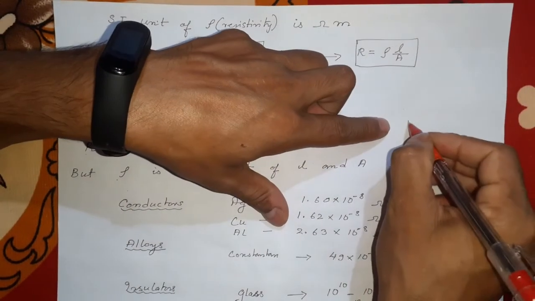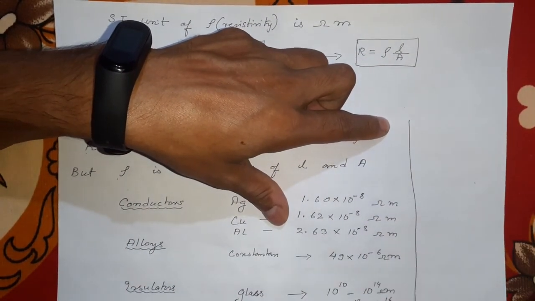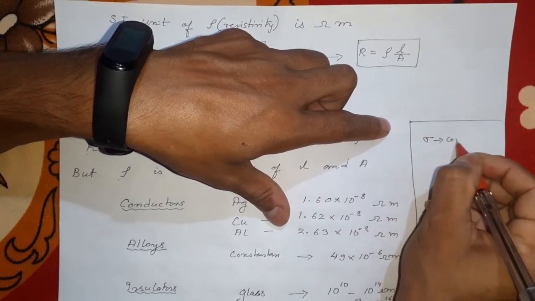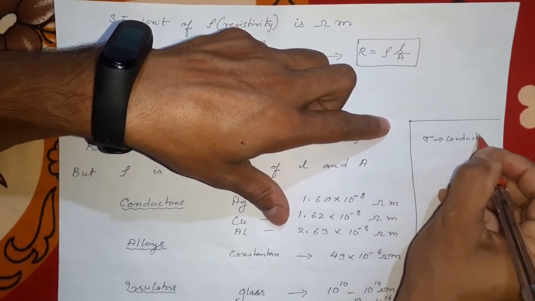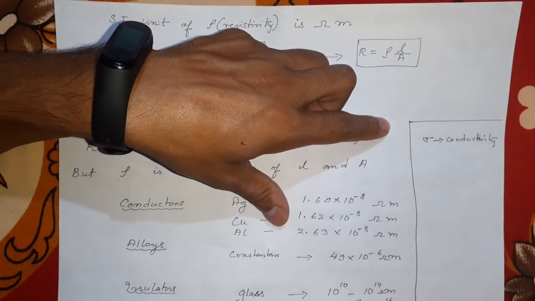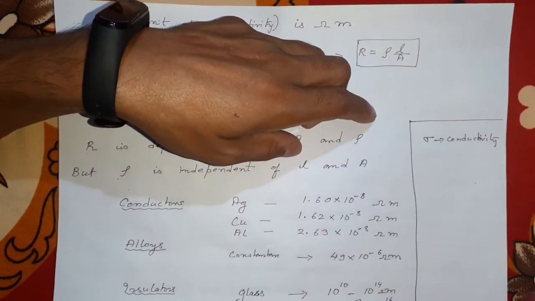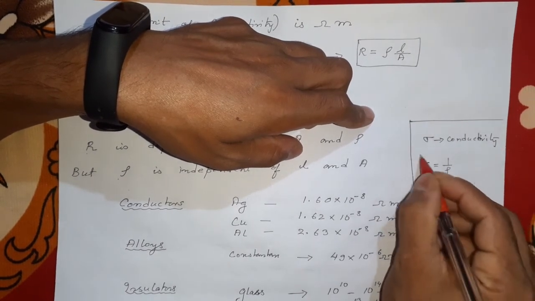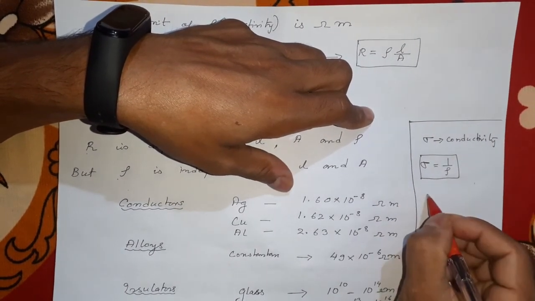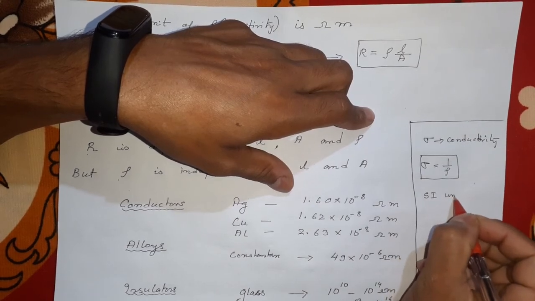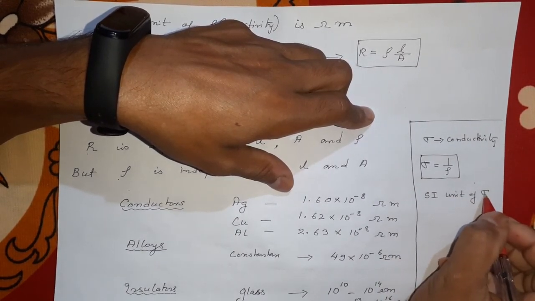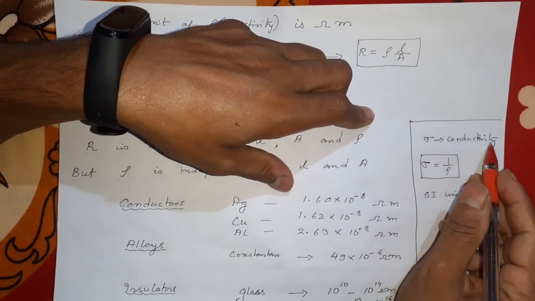Okay, a small topic here I will write. This is important. You will write it after this. Sigma. This is called conductivity. Resistivity's inverse is conductivity. Conductivity is 1 by rho. Remember, write this. Sigma stands for conductivity.